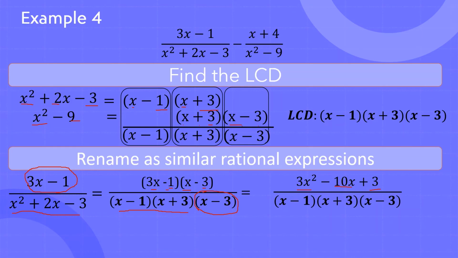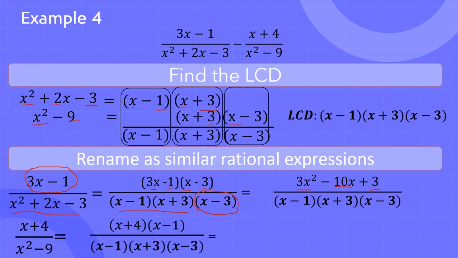Okay, then next expression tayo. We have x plus 4 over x squared minus 9. Gawin din natin na ang denominator niya ay x minus 1 times x minus 3 at saka x plus 3. Okay, so ang factors natin kanina sa x squared minus 9 ay x plus 3 times x minus 3.